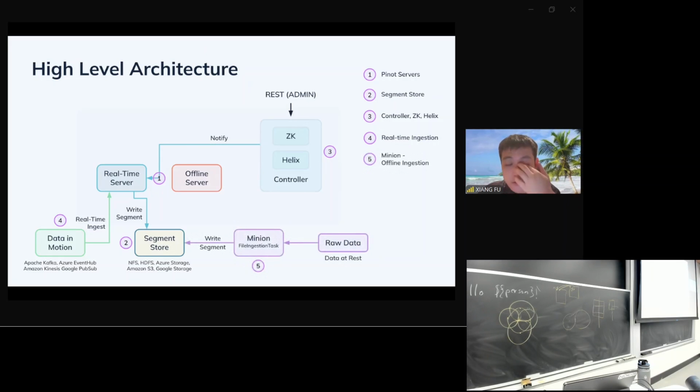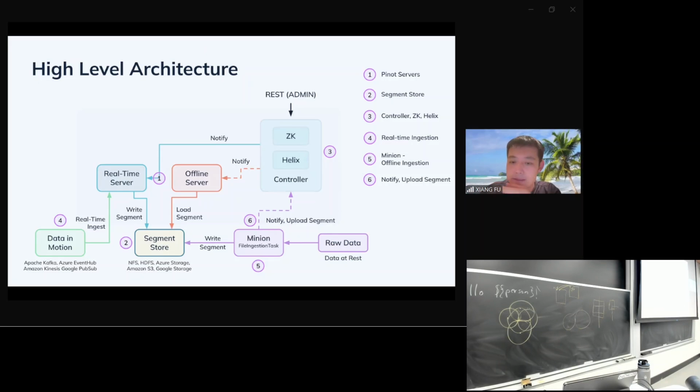The batch or offline servers serve more of the long-tail persisted data, and all that data is computed or ingested through something called a minion, which is the workload processor.